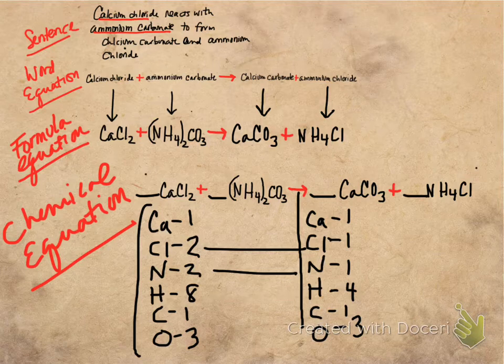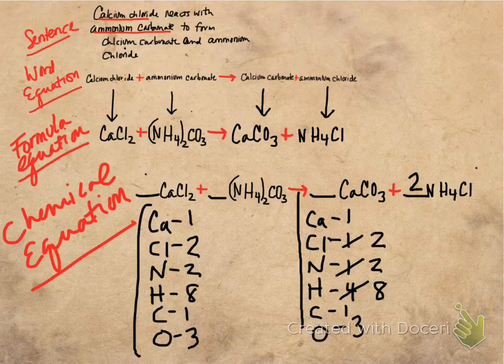So, what I'll do next is to start putting in coefficients, and a few hints and tips. As I put in coefficients, I cross out the number that I had and replace it with a new number. For instance, if I was trying to balance my nitrogen and hydrogen initially by putting a 2 there, I would go through and say, okay, I now have 2 nitrogen, I now have 8 hydrogen, and I now have 2 chlorine.